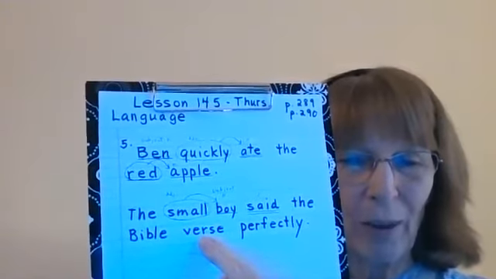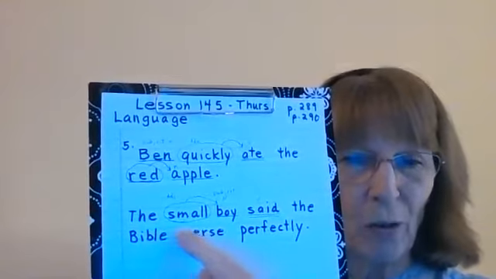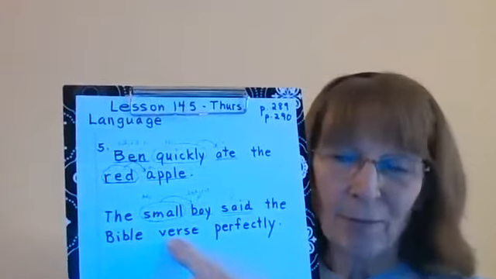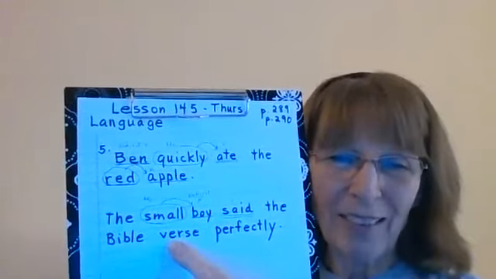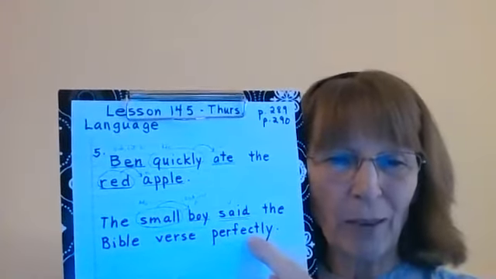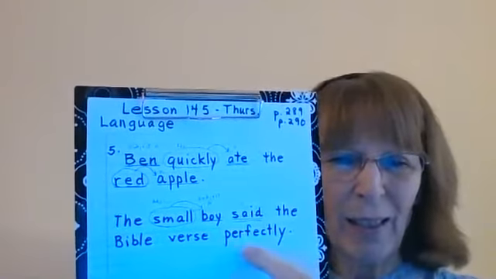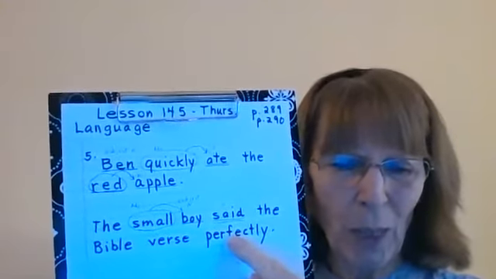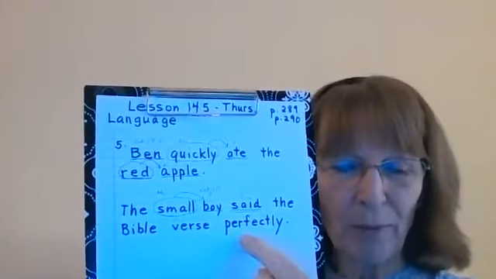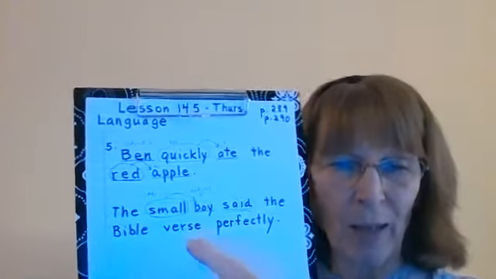Oh no. Does that mean that this has to be an adjective describing what kind of verse? Yes. Oh my. Well, let's obey the rules. And then we have this word perfectly has an ly ending. I have a feeling that this is going to confuse you. So that's why I'm here. Let's underline verse because it's a noun.